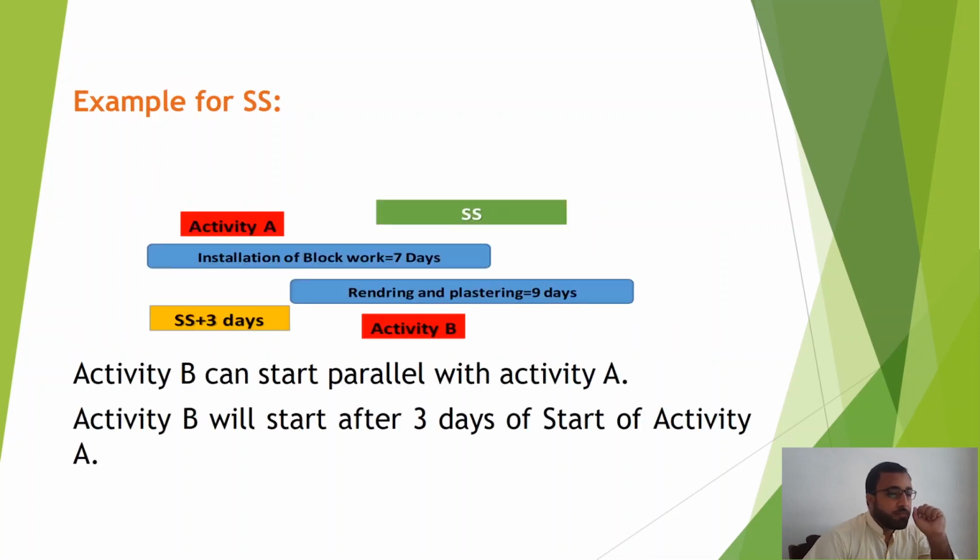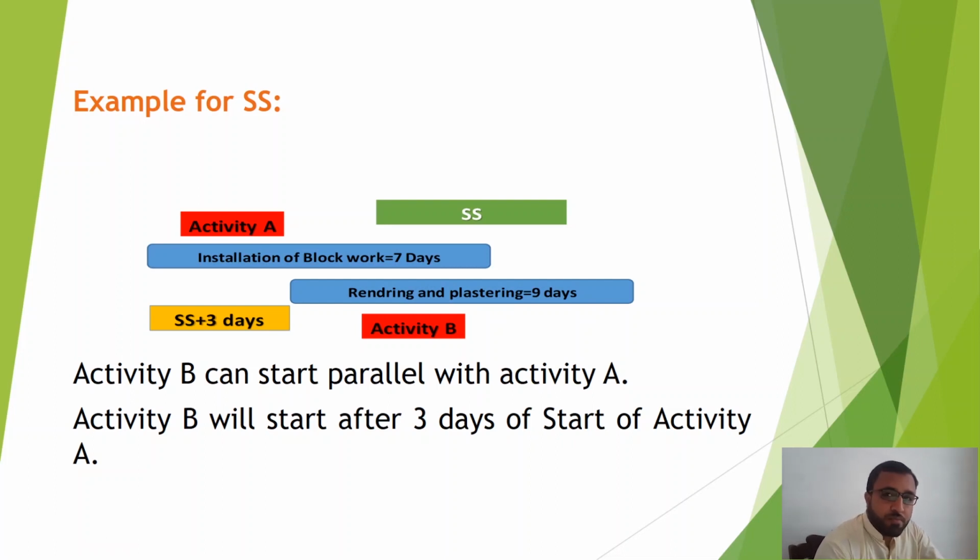Then SS. For example, installation of block work is taking 7 days and rendering and plastering is taking 9 days. We want to start the rendering and plastering 3-4 days after the block work has started. So in this case, start to start plus 3 days. Start to start means the predecessor has started, and after some time we give a lag of 3 days.